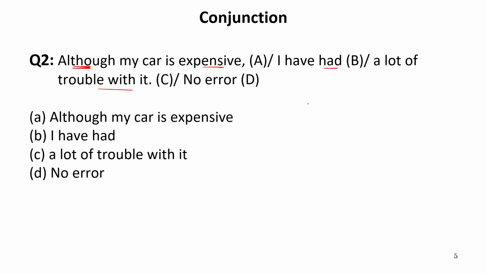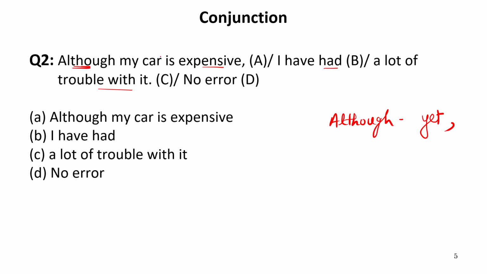Whenever we have although or though as a conjunction, we always make its pair with either yet or we simply put a comma. So we can use either of the two, either yet or simply a comma. Now in this sentence, a comma has been used, but there is no other conjunction. So we can make this pair with the comma.